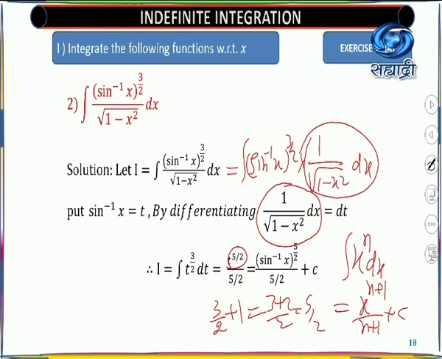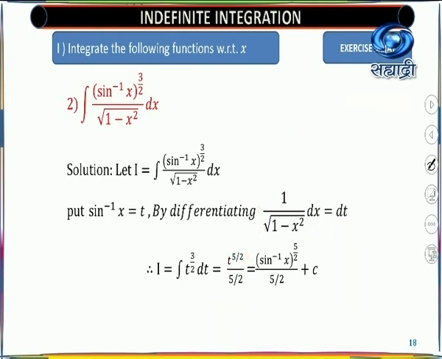So t raised to 5 upon 2 upon 5 upon 2 equals sin inverse x raised to 5 upon 2, and the denominator 5 upon 2 goes to the numerator. So it becomes 2 upon 5 sin inverse of x raised to 5 upon 2 plus constant of integration. This way you are able to solve this example.